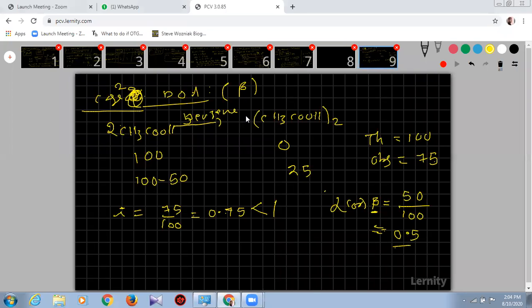It will get dimerized. In the same fashion, out of 100 molecules, 50 molecules were dimerized. Each two molecules will become one molecule, so out of 50 molecules, how many do you get? 25.